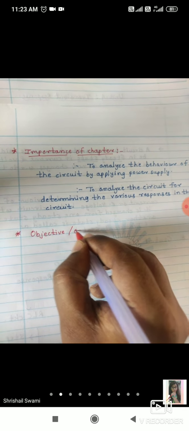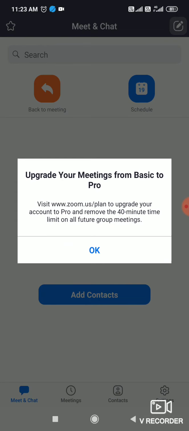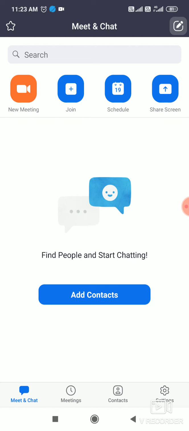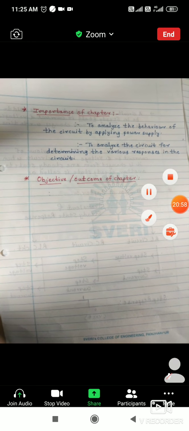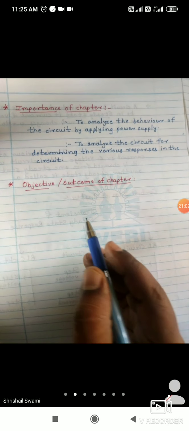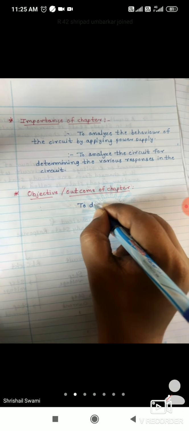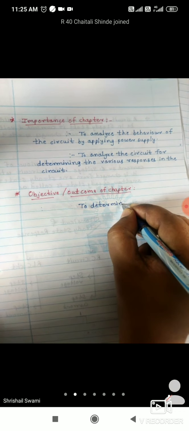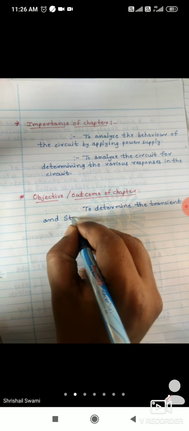Now next will be the objective or outcome of this chapter. The objective or outcome of this chapter is to determine the transient and steady state response.